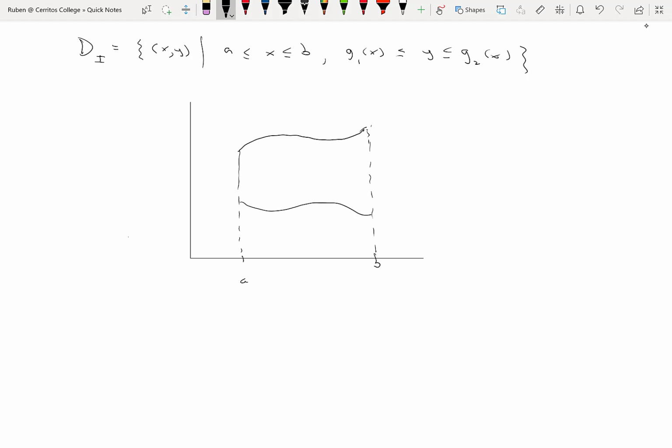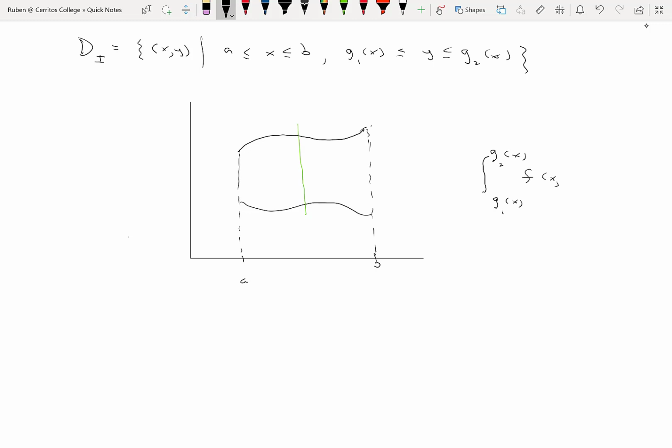And this is where drawing the line through the region is a good idea, and hopefully you discovered that when you looked at homework. If you simply draw a vertical line through the region, that vertical line enters the region at the lower function g1, exits the region at the upper function g2.